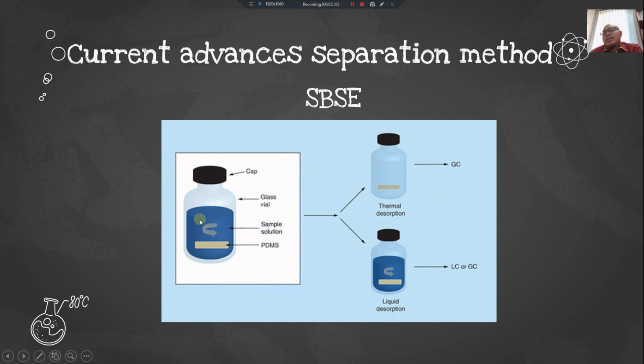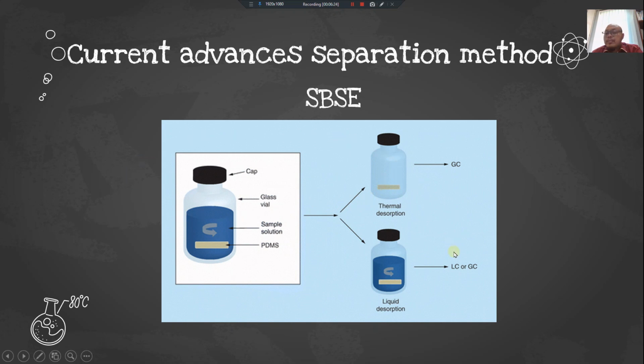Then you put your sample over there and run it from a few minutes to a few hours or a day, and then you can extract everything onto this bar. Then you put in a solution to dissolve all the targeted analytes, and then you can do analysis using GC or LC.